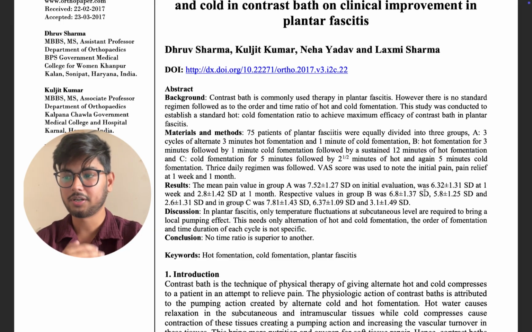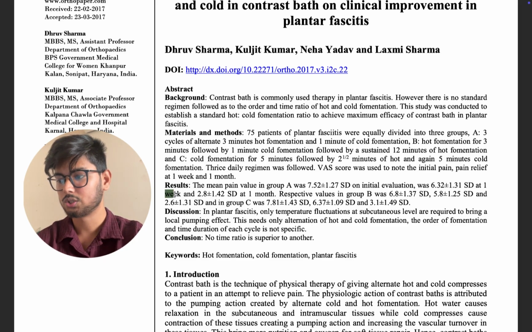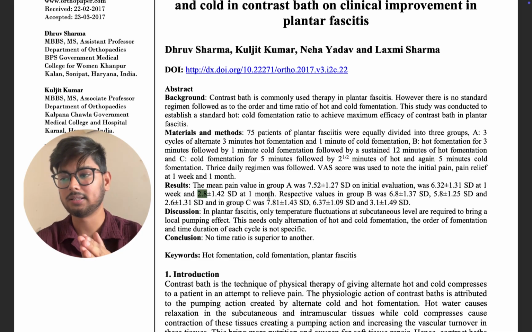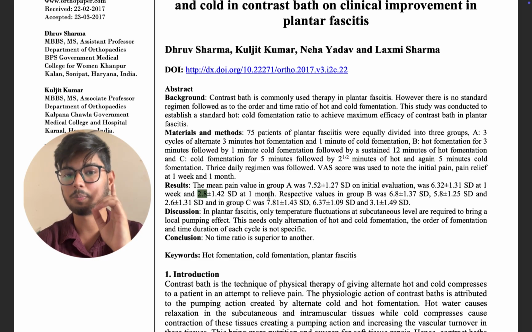When the treatment was started, it was 6.32 at 1 week, and 2.8 at the 1 month duration. That means the pain score is decreasing, so we are getting positive results in group A.